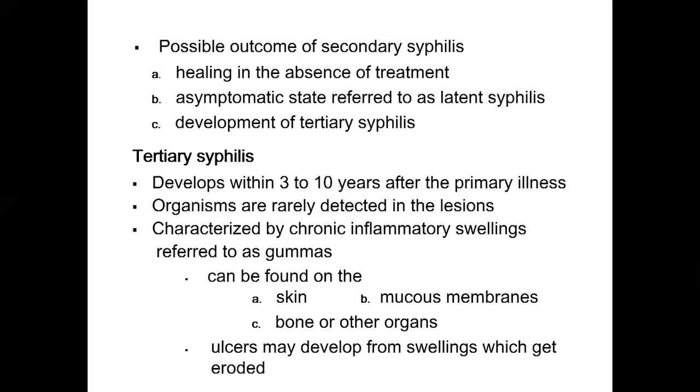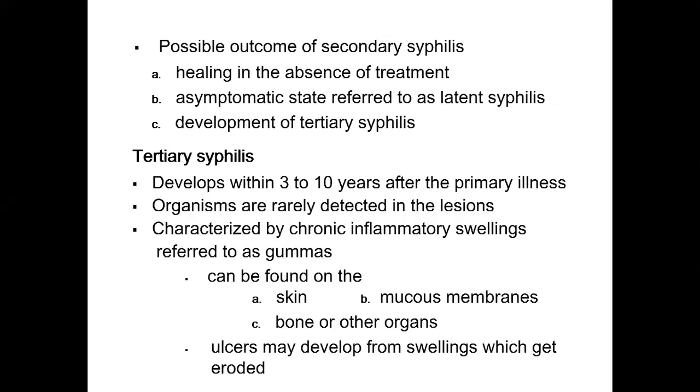In that tertiary stage, it comes 3 to 10 years after the primary illness, and the organisms are no longer detectable in the lesions. There might be a few of them, but they are rarely detected. And most of the lesions at this stage are due to chronic inflammatory processes. They manifest as chronic inflammatory swellings referred to as gummas.